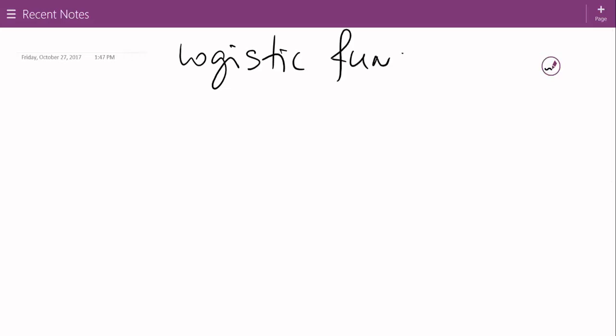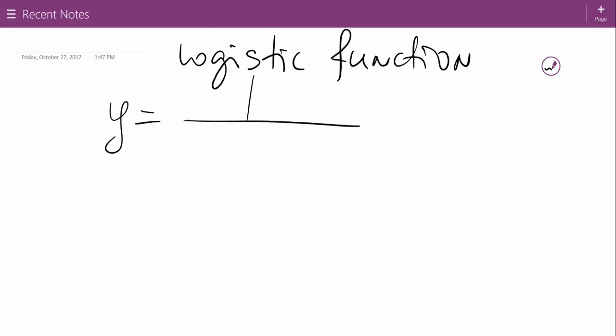The reason why it's called logistic regression is because it's using something called the logistic function. Here's the logistic function, ladies and gentlemen: y equals 1 over 1 plus e to the power minus x. Simple as that.